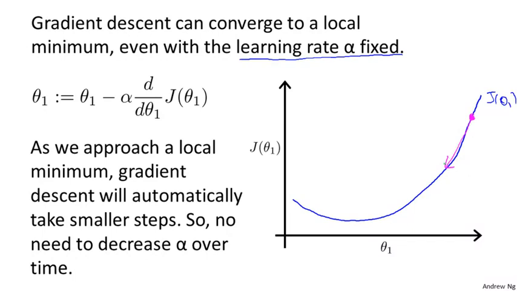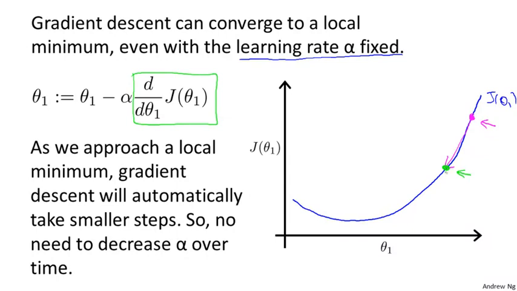Now I'm at this green point, and if I take another step of gradient descent, you notice that my derivative, meaning the slope, is less steep at the green point than compared to the magenta point out there, right? Because as I approach the minimum, my derivative gets closer and closer to 0. So after one step of gradient descent, my new derivative is a little bit smaller.